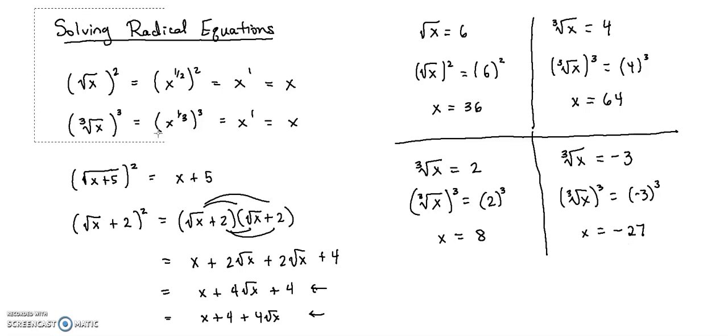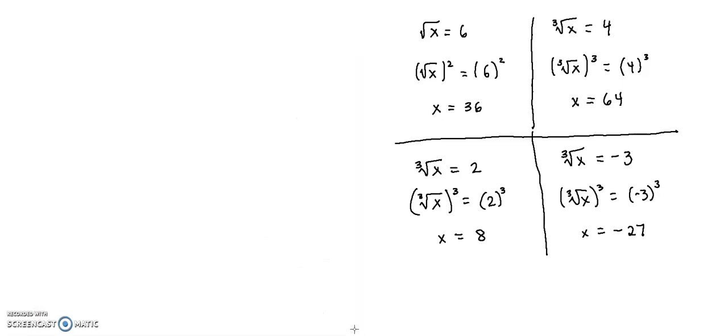All right, now, in that same line of thinking, let's try one that's similar with square roots. So let's say that we've got square root of x is equal to negative 2. So like we did before, we would square both sides. And we would get x is equal to 4.